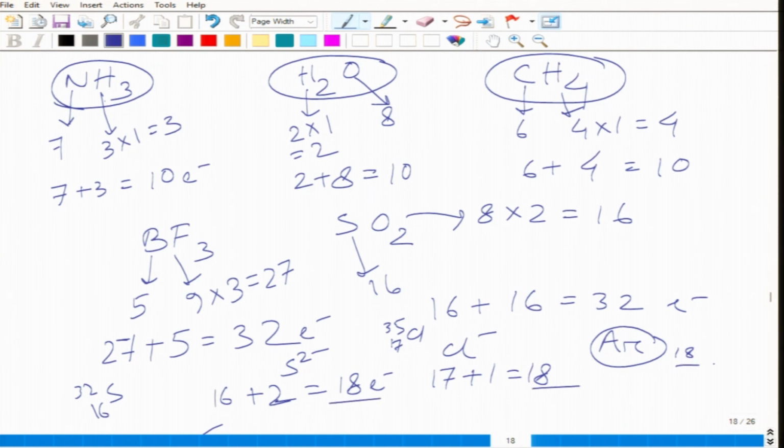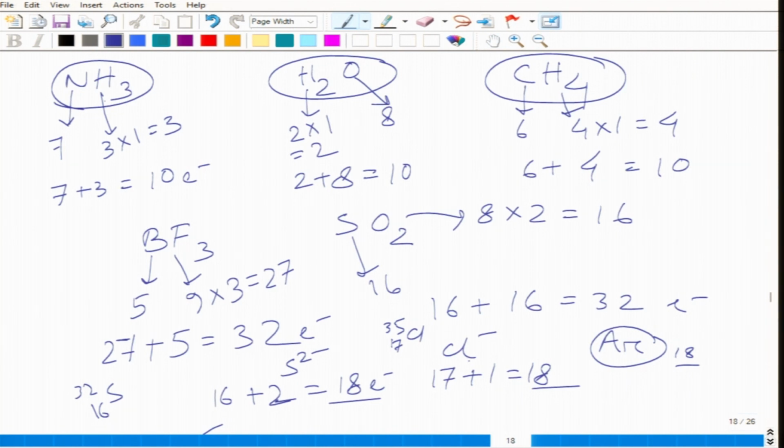You will study later, when you study electronic configuration, that elements form ions because they try to attain the noble gas configuration. They try to attain the same number of electrons as the nearest noble gas. So the nearest noble gas for both sulfur and chlorine is argon, which has 18 electrons.